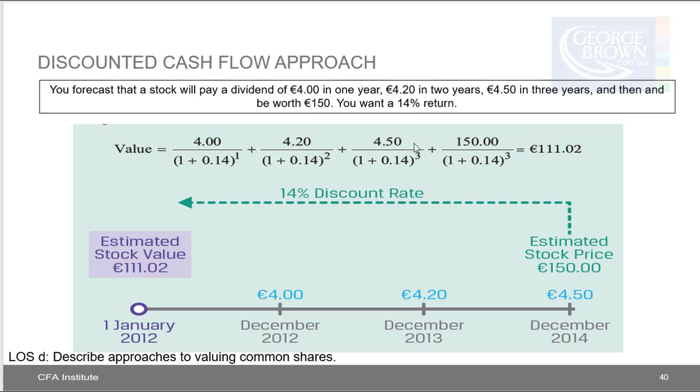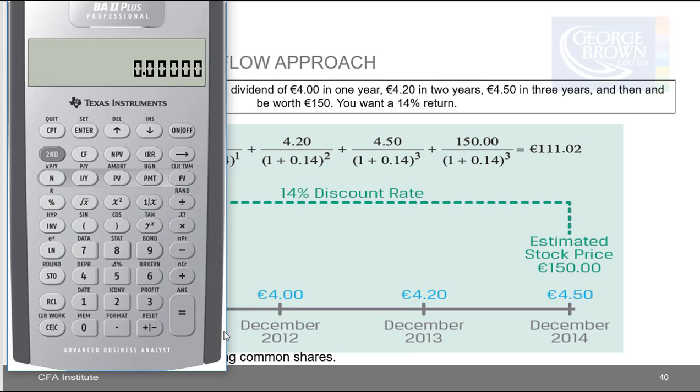So at the end of 3 years you're receiving the €4.50 dividend, discounting it at 14% for 3 years, and you're selling the stock for €150 in 3 years, discounting that back as well. Sum up the present value of all the future cash flows, and you get an estimated stock value of €111.02.